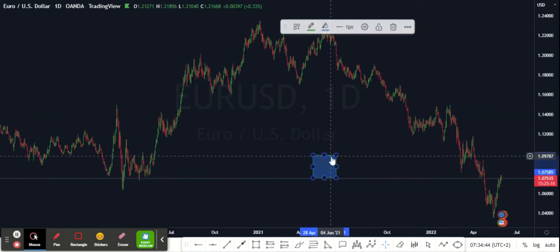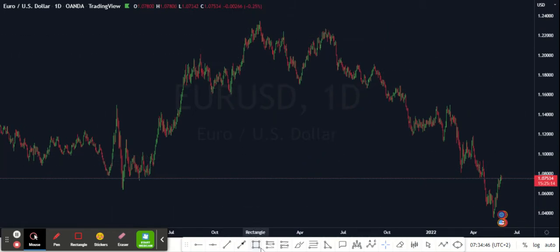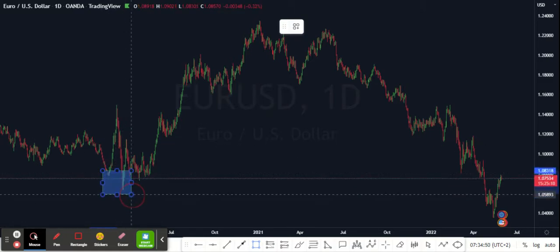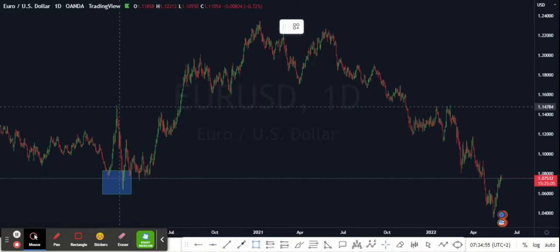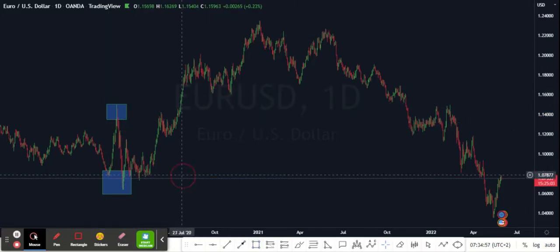Let's remove this and add a new one. So you can see here we have previously a low right here, and then now we're forming a high here.